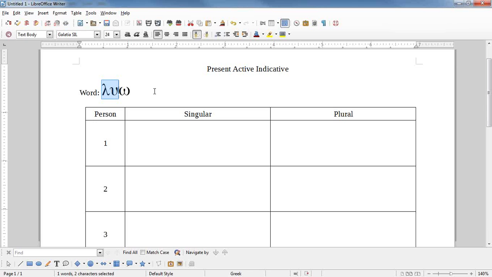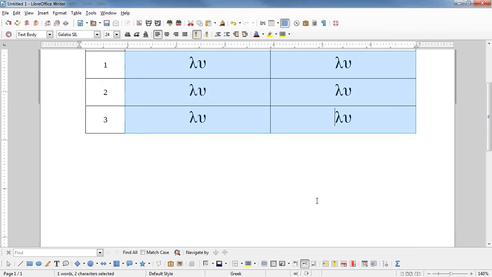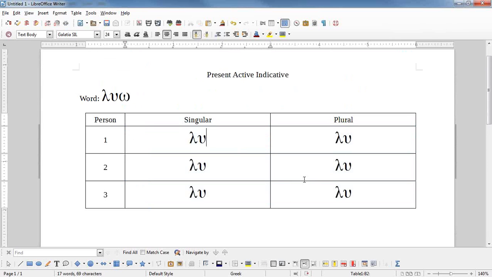All right. So that being said, let's go back to the stem with lambda upsilon. That is our stem. Okay? So I'm going to put the stem in these six boxes right now.